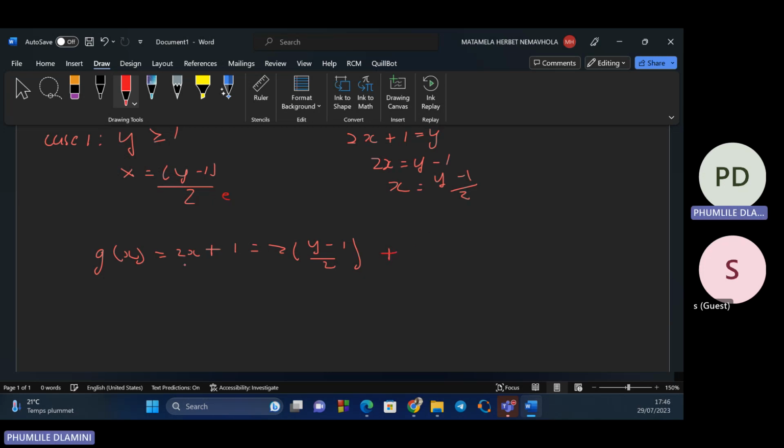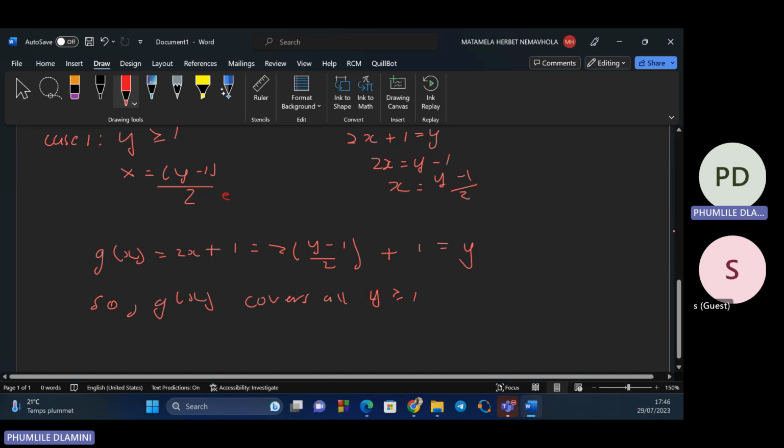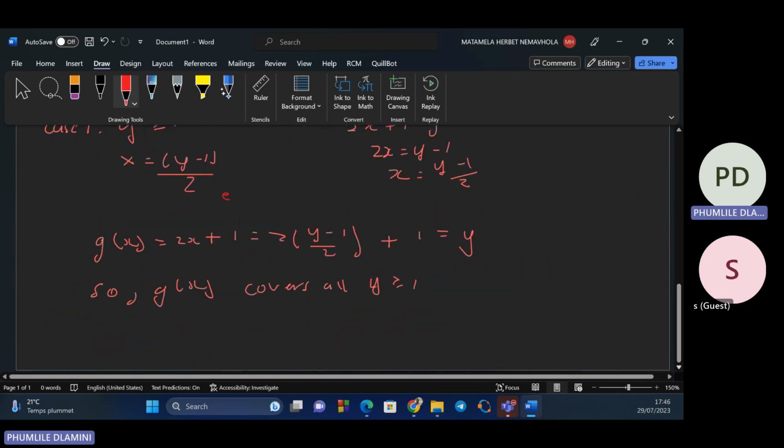And we have plus 1 there, which if this cancels with this, we end up having y. So g of x covers all y greater than or equal to 1. So we are done. We got that g of x is equal to y. Then we go to case 2. Should I erase here?